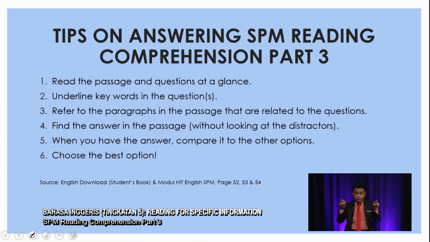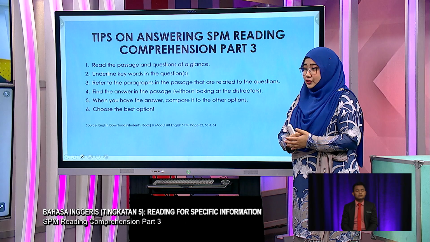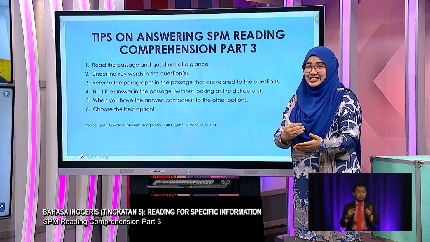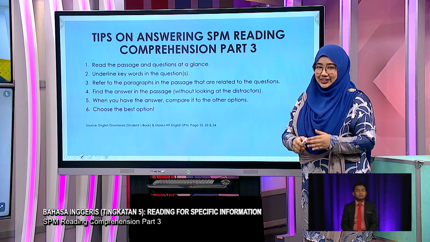Number 3, refer to the paragraphs in the passage that are related to the questions. Number 4, find the answer in the passage without looking at the distractors. Number 5, when you have the answer, compare it to the other options. And number 6, choose the best option. Okay. So these tips are very useful, and it's a step-by-step guide. So everybody, we can try this. Okay? All right.